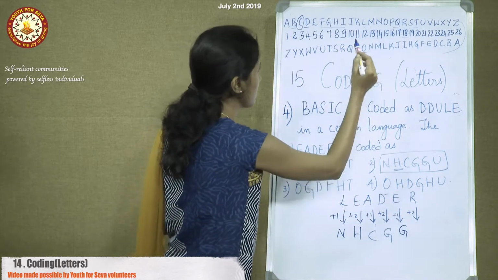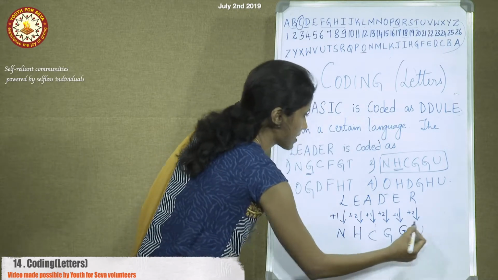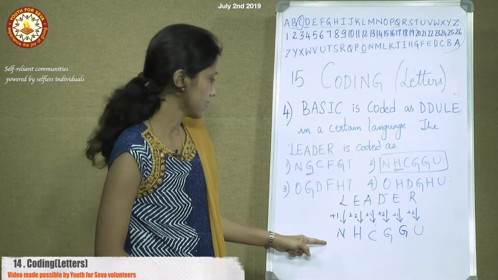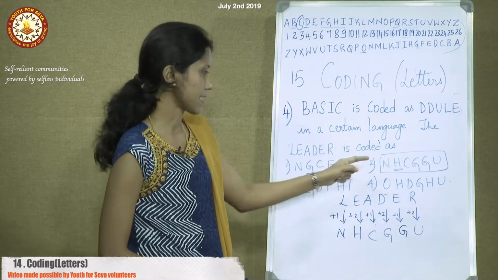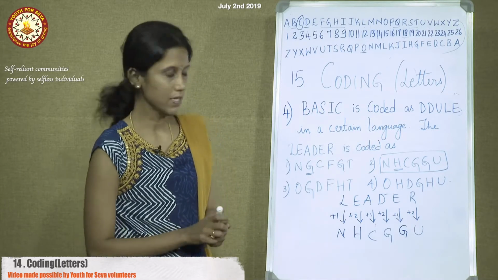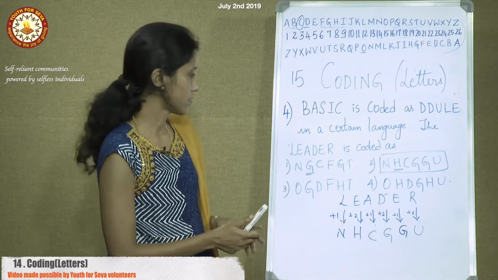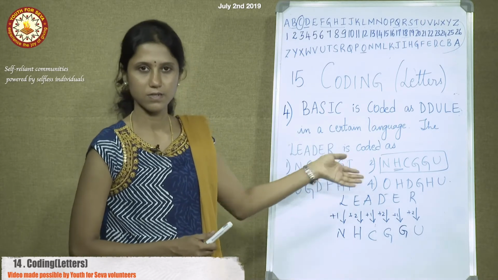R, we have to skip two letters, so S and T we are skipping and we are getting U. You can just observe the second and whatever we are getting as a coded thing is the same. So N, H, C, G, G, U. So second one is the most appropriate answer. So while doing, please compare with the options as well, so that you can save the time in guessing out the right answer fast.